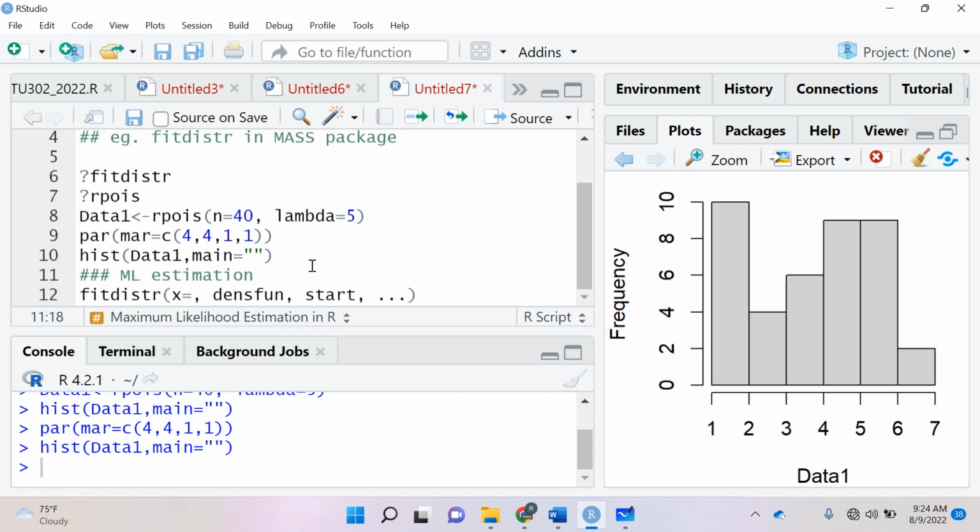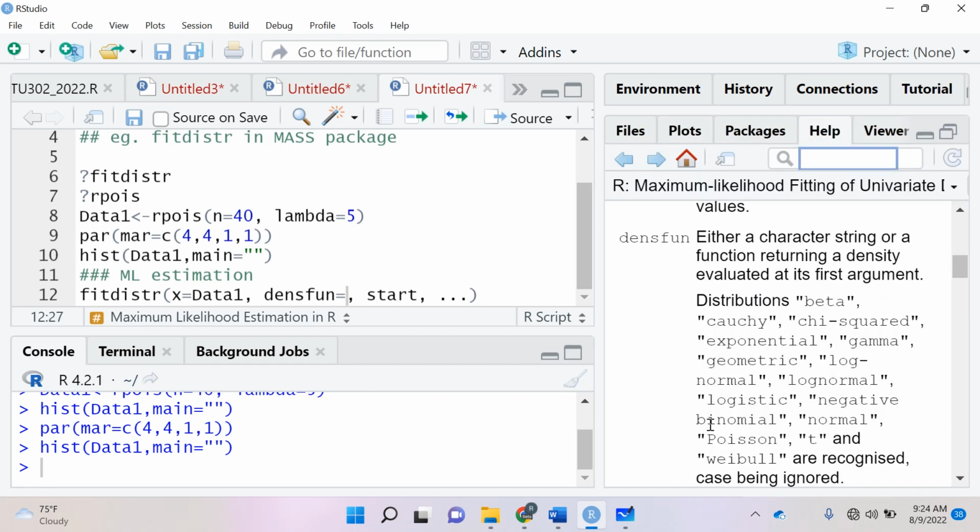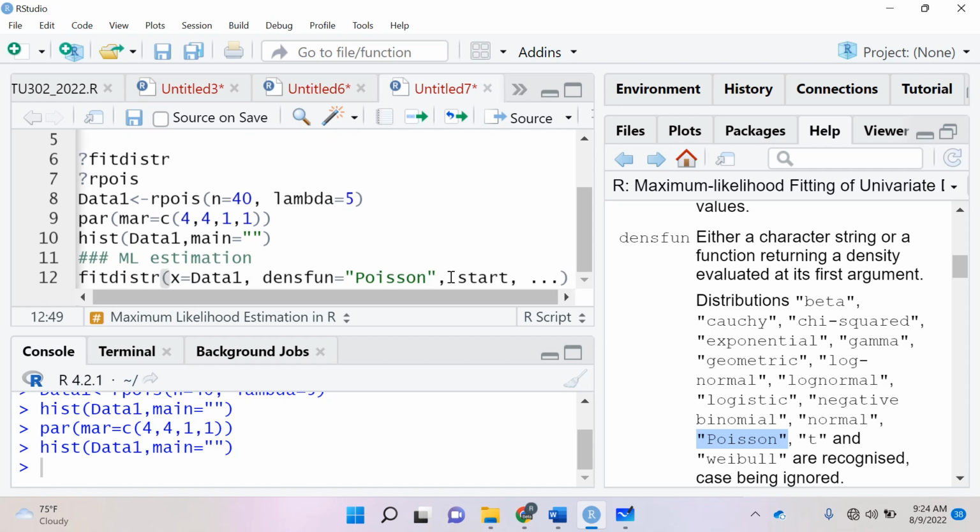So x is the data, right? The density function is Poisson. Remember the way Poisson is spelled over there. If you are in doubt, you go there and look for it. There is a big P. If you don't do it like that, you won't be able to get results for it. So the density function is Poisson.